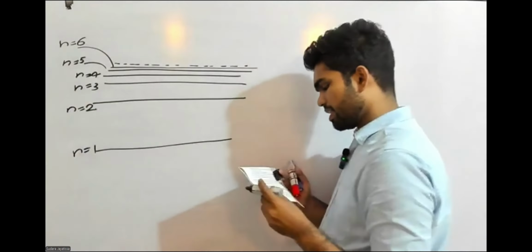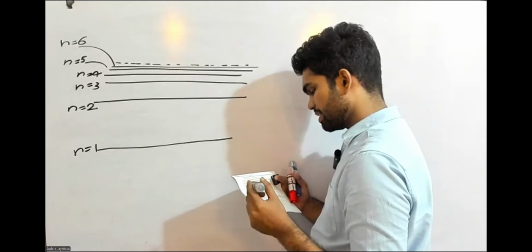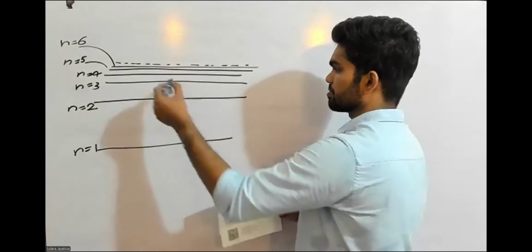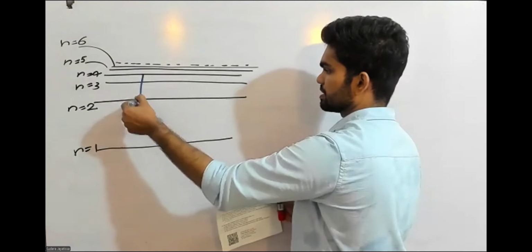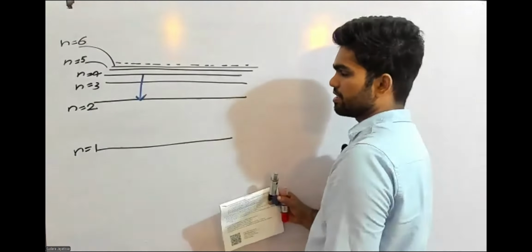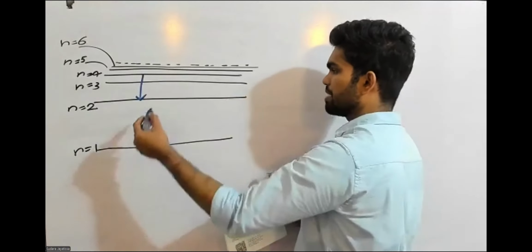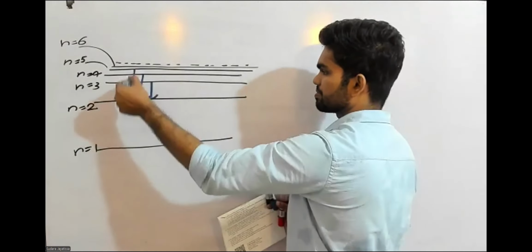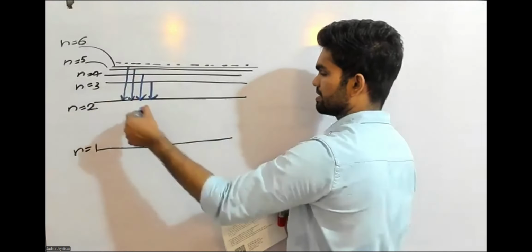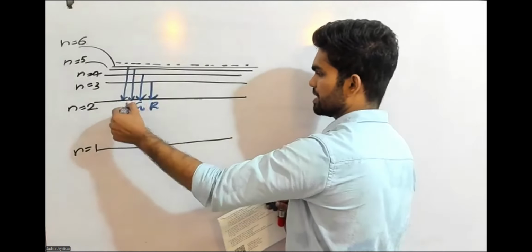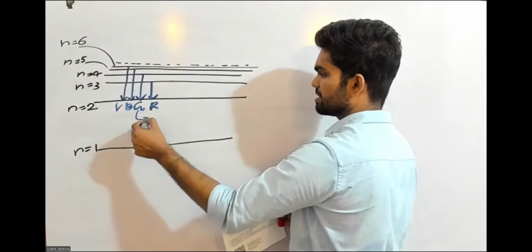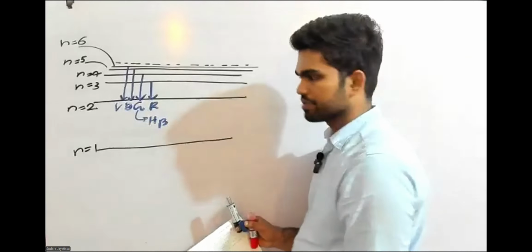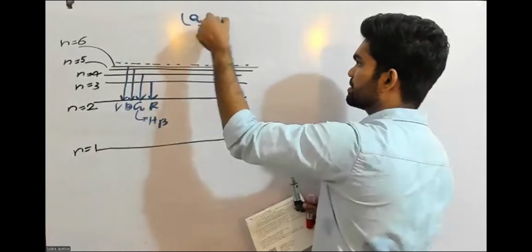The line represented by H beta corresponds to the transition from 4 to 2. This one. In the Balmer series, you get transitions from this. So this is R, G, B, V. Remember, this is our H beta. So that one is correct, 4 to 2. So statement A is okay.